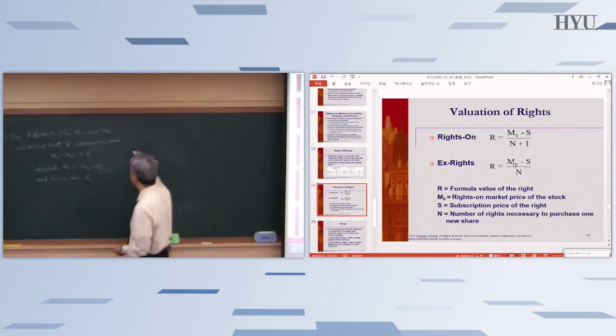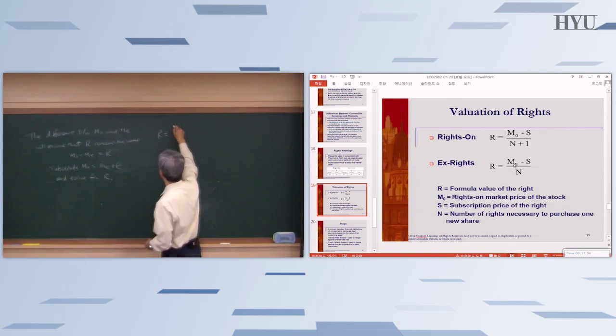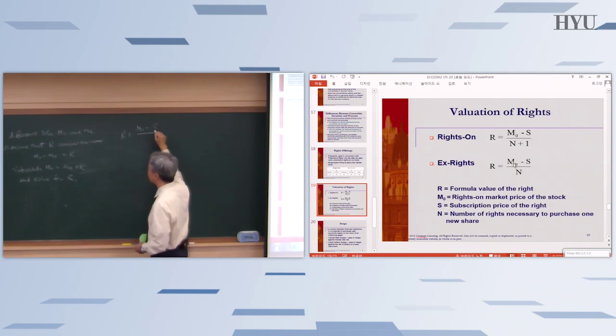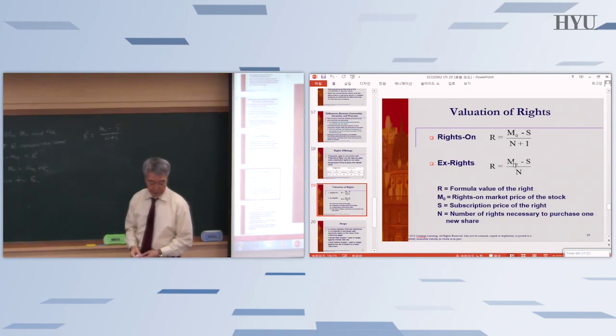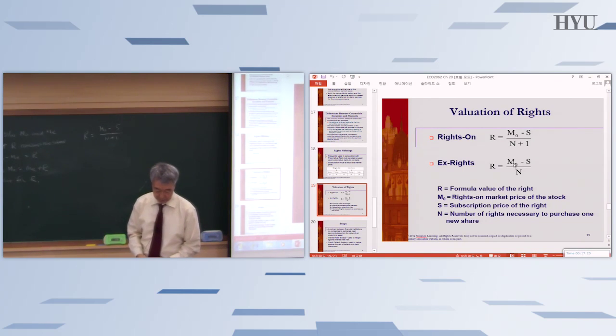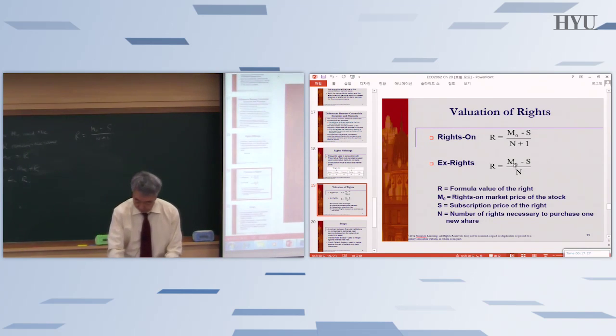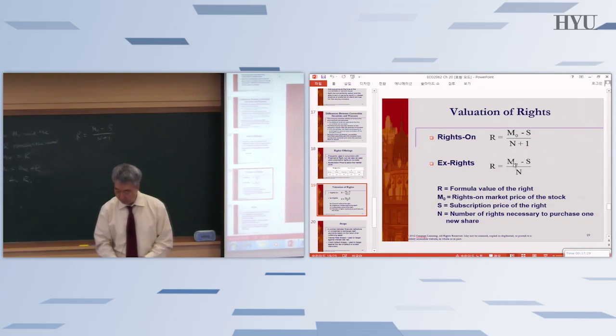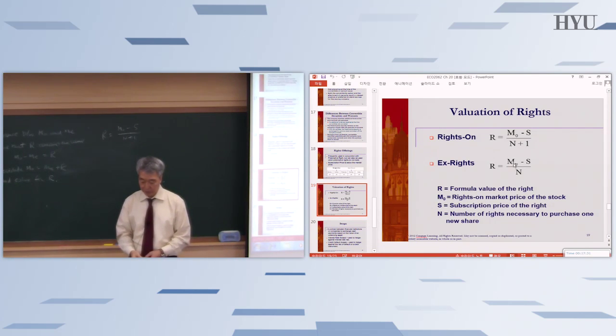So the formula is R equals MO minus S, the subscription price, divided by N plus 1. This is the rights-on price minus the subscription price, divided by N plus 1. And N is, of course, the number of rights necessary to purchase one new share.